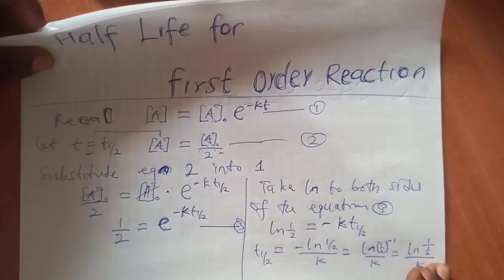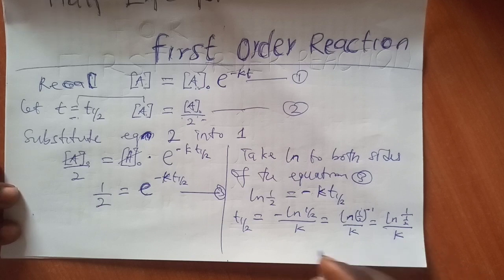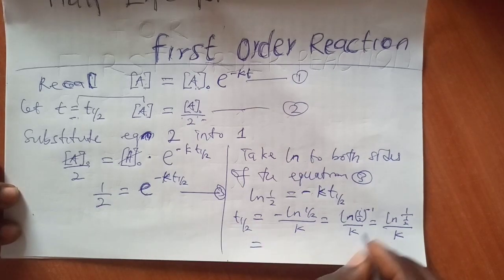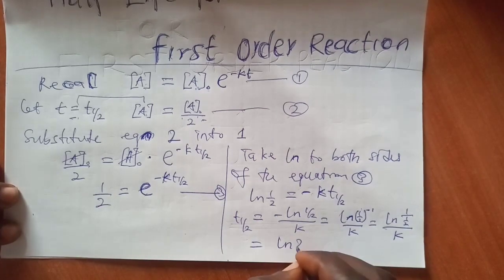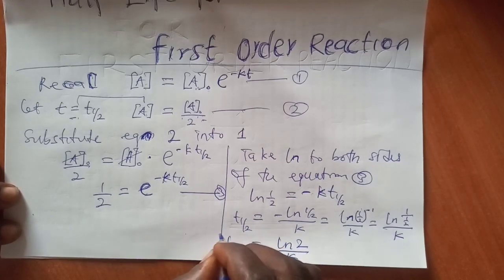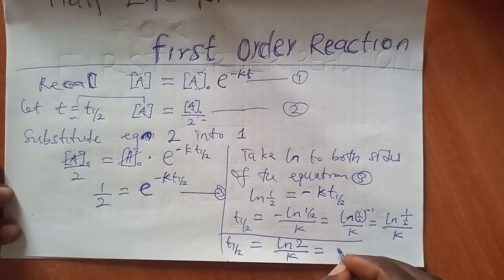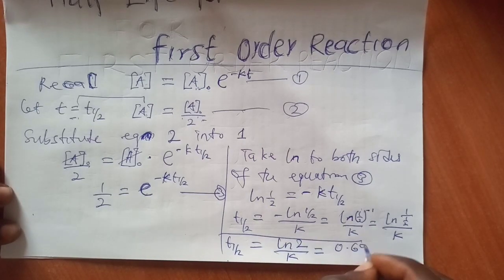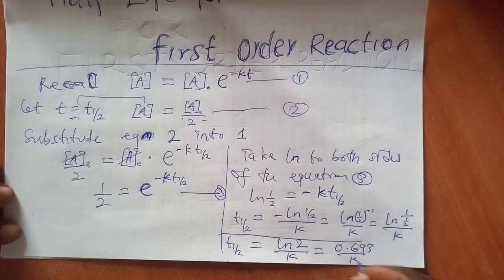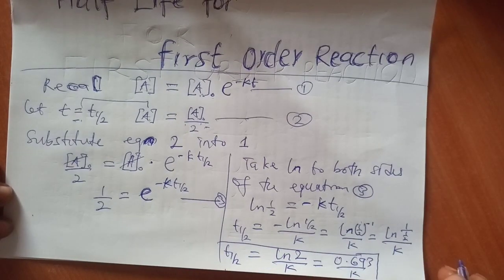Now that means you shall be having ln 2 over k. That will give you the half-life. Ln 2 over k, that is the answer. Or ln 2, if you press it in your calculator, gives 0.693 over k. Many don't know why they see this formula often in a chemistry textbook and just use it to solve questions.